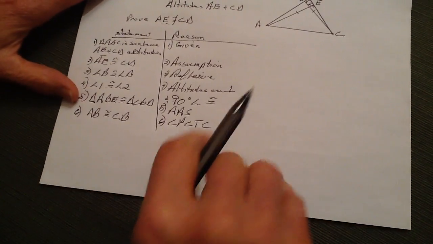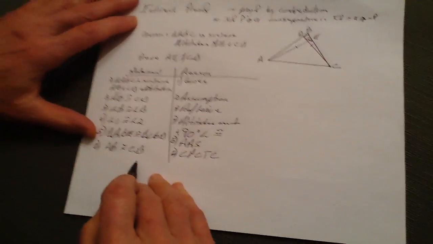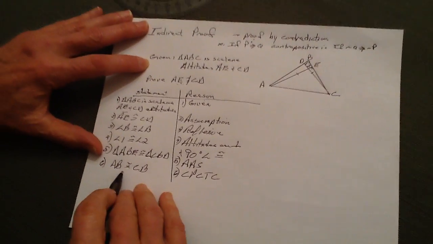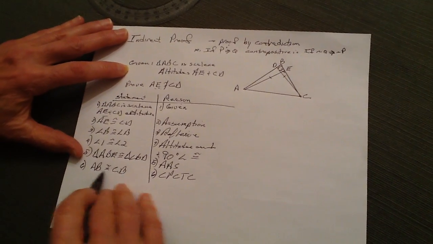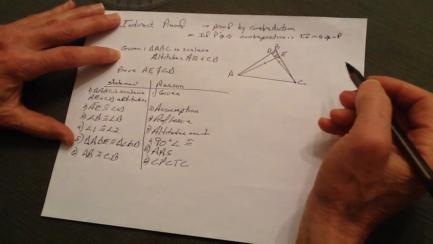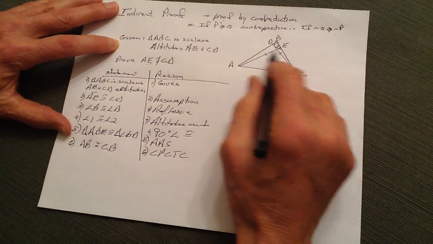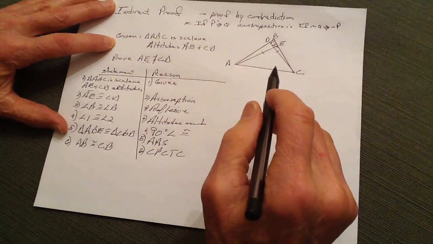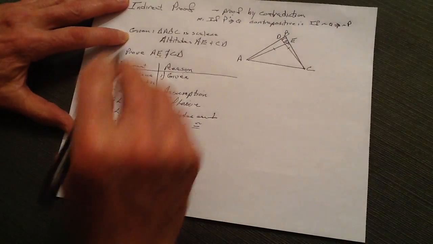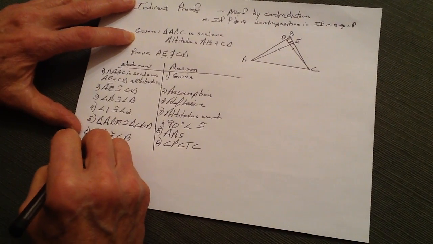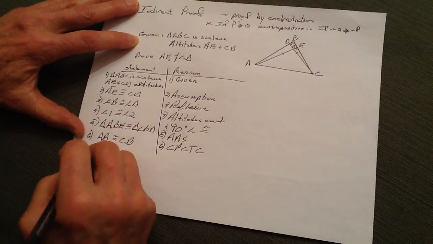Now I know that I have created something that is false, because this would mean the triangle is isosceles. Therefore, I have formed a contradiction to what I was given. So that being the case, my assumption is faulty.